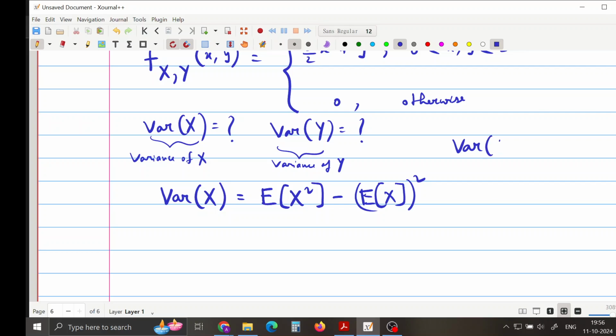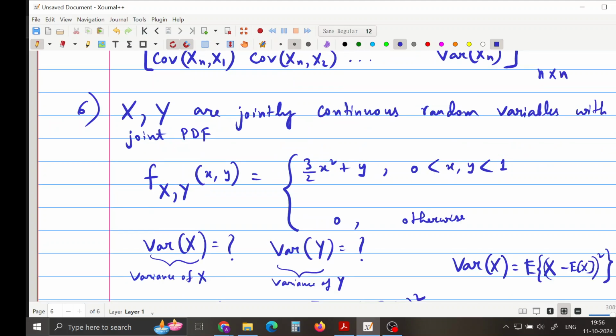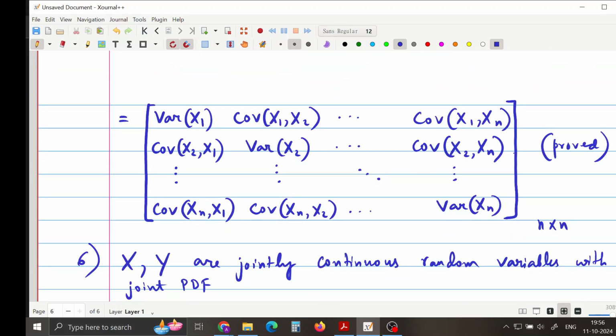We know that the variance of x is defined as the expectation of x minus the expectation of x, the whole squared, right? These were the diagonal entries in our previous question.